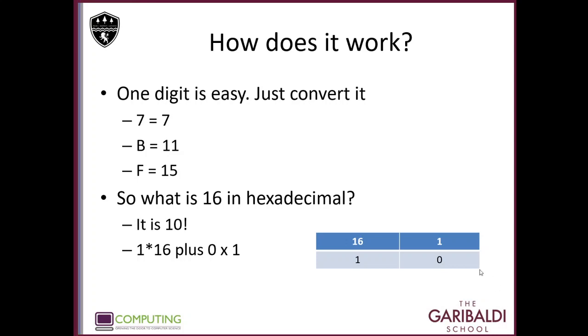If we work it out in our columns, we can multiply these numbers against each other. So 0 times 1 is 0, 1 times 16 is 16. So 16 in hexadecimal is 10.